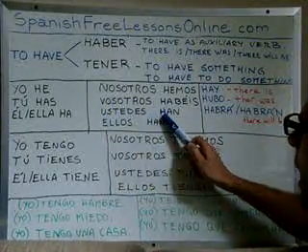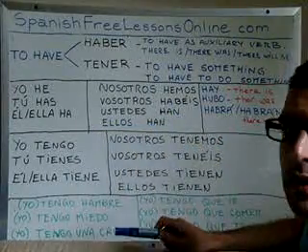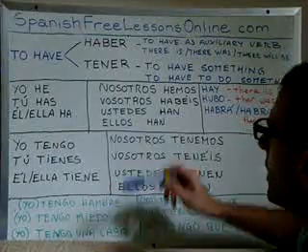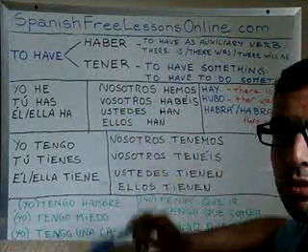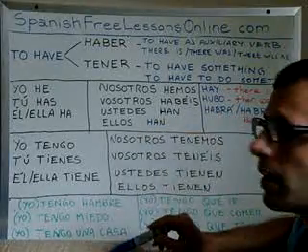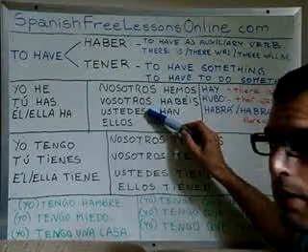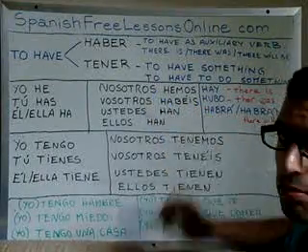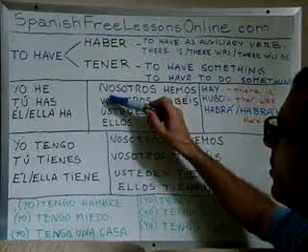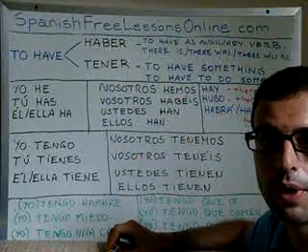Ustedes han. Ellos han. I repeat again, ustedes and ellos conjugate exactly the same. But actually, ustedes is a synonym of vosotros, right? Vosotros and ustedes mean you plural, right?